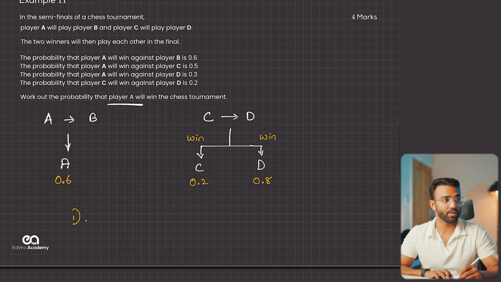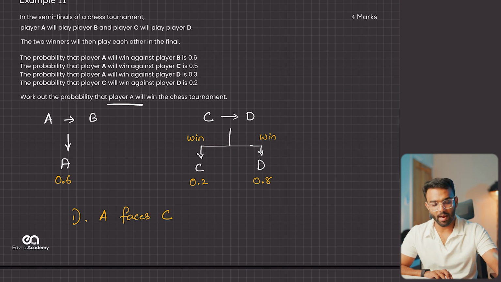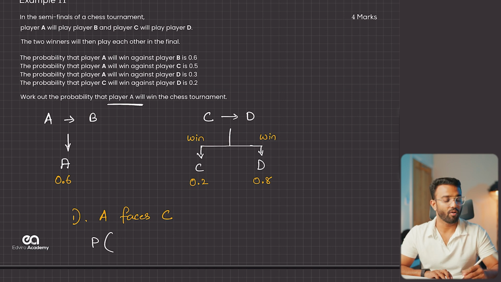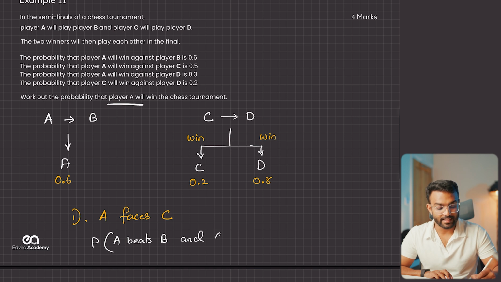The first situation, which we could say case 1, is A faces C. How would that happen? This means it would be the probability of A beats B and C beats D and A beats C, correct?